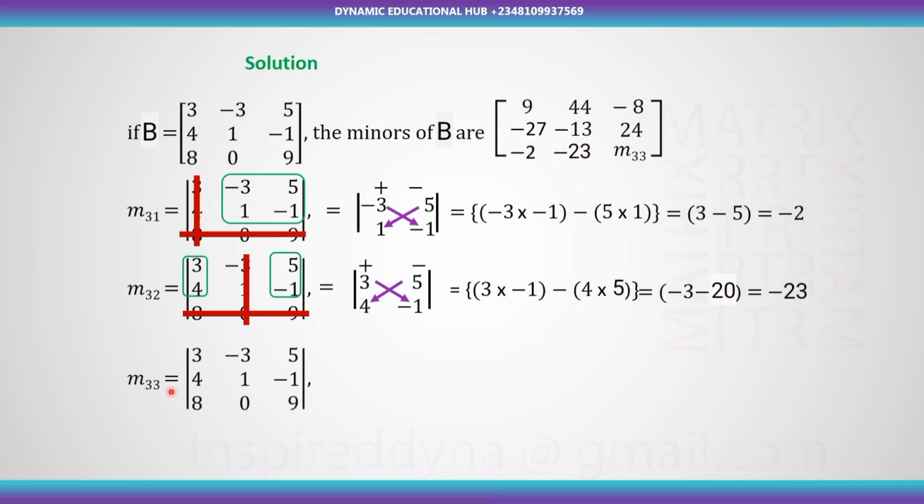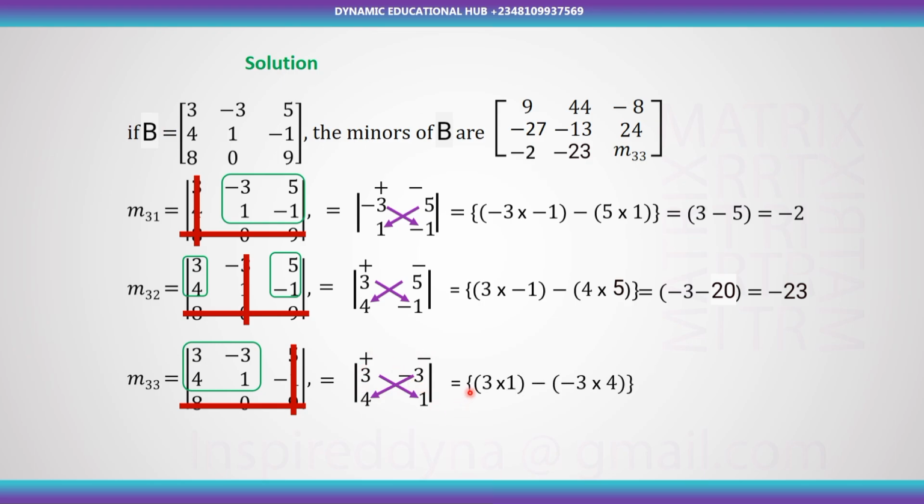Finally, we have M33. To do that, third row, third column, we are going to delete the third row and the third column. Deleting it, we are left with this. Let's find the determinants. You multiply across the diagonal. You have 3 multiplied by 1 minus 3 multiplied by 4.